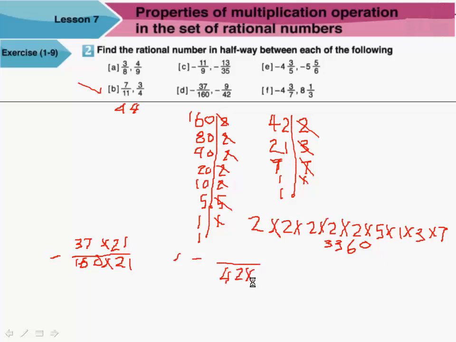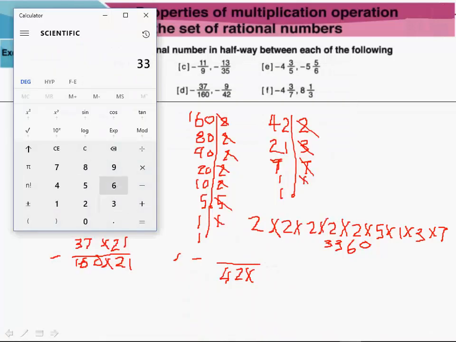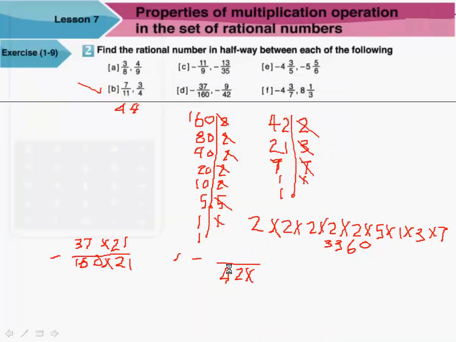In order to get the number here, we divide the common denominator by 42. Use the calculator. 3360 divided by 42 is equal to 80. So the numerator here must be multiplied by 80. Okay, you can use the calculator to see which one is smaller and get the rational number halfway between them.